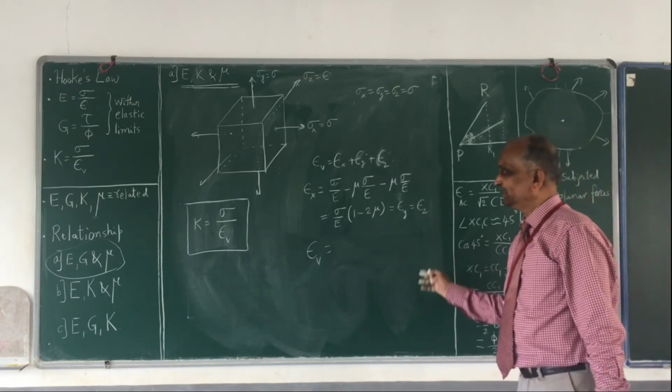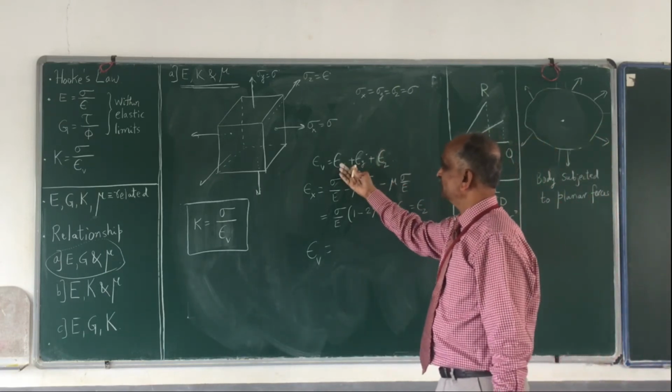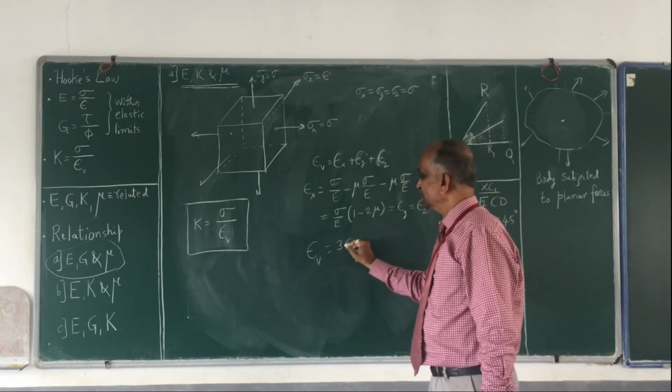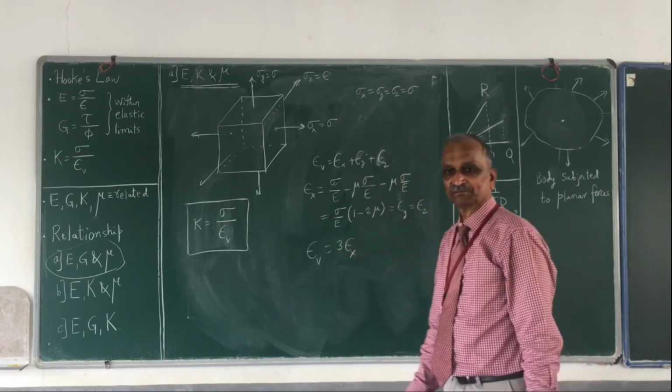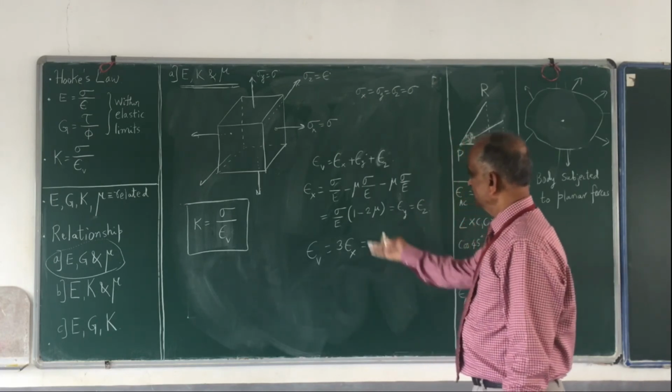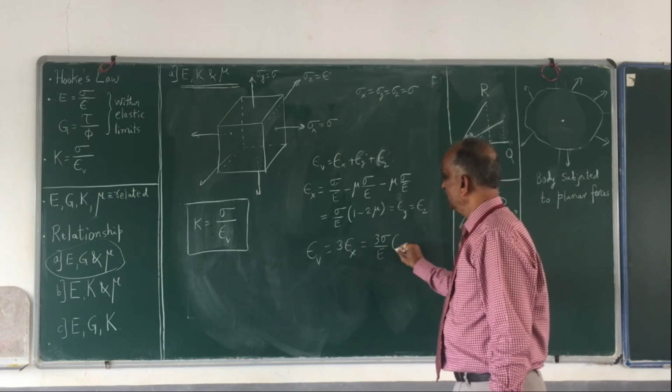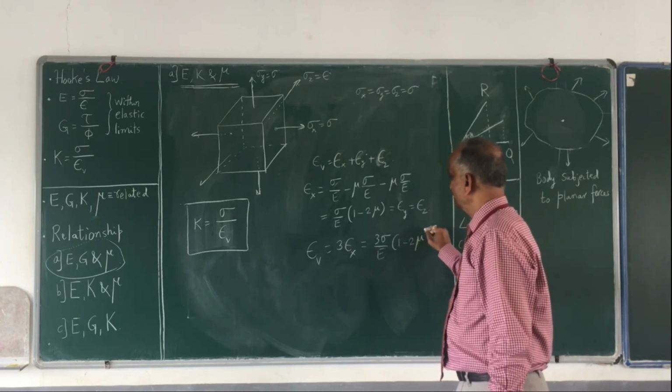Epsilon v is equal to, add this. This is epsilon x, epsilon y, epsilon z, all of them are same. This is equal to 3 times epsilon x, so 3 times sigma by E into 1 minus 2 mu.